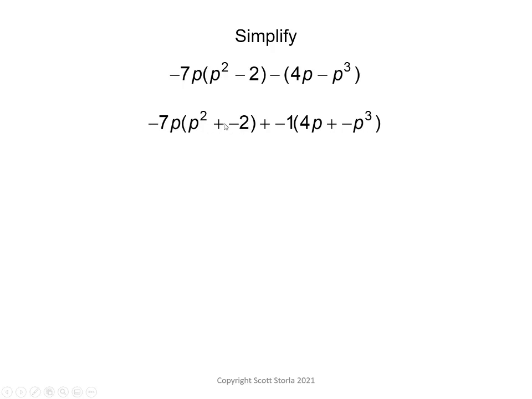Notice this is positive because multiplying 2 negatives will give you a positive 14p plus negative 4p plus p cubed. Now combining like terms, starting with my 3rd degree term, I've lost 7 p cubes, but I pick up 1, so I've only lost 6. Then I start with 14 p's and lose 4 of them, so I'll still have 10.